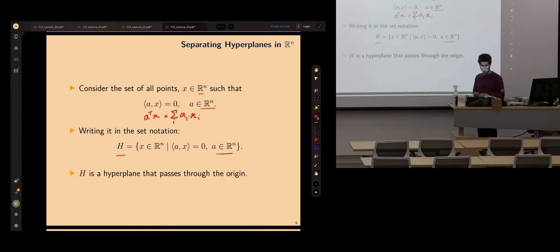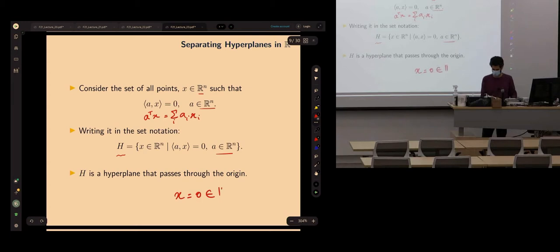This hyperplane also passes through the origin, because if you pick X equals 0 in Rn, by now you know that this is an n-vector of all zeros. If you plug it into the inner product, it gives you 0, so the hyperplane goes through the origin. We cannot visualize this; we can only visualize for 2D and 3D. But all the geometric intuition and everything we talked about is valid.